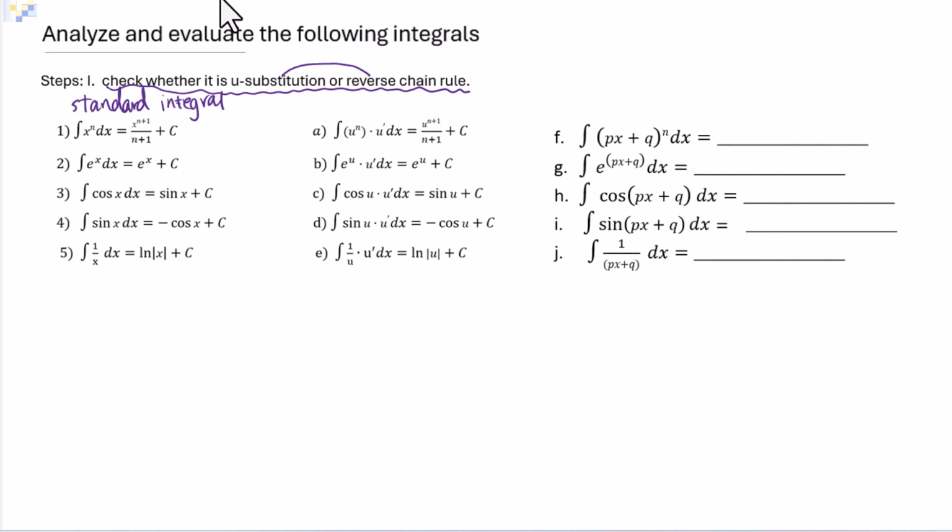1 through 5 are the standard integrals. You can find all of these in the formula booklet. When x is changed into u of x, we call this the reverse chain rule or U substitution.